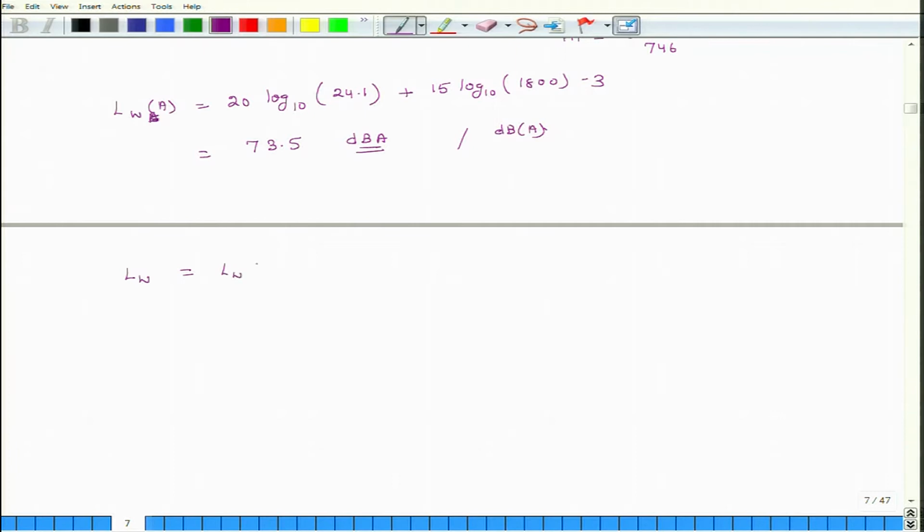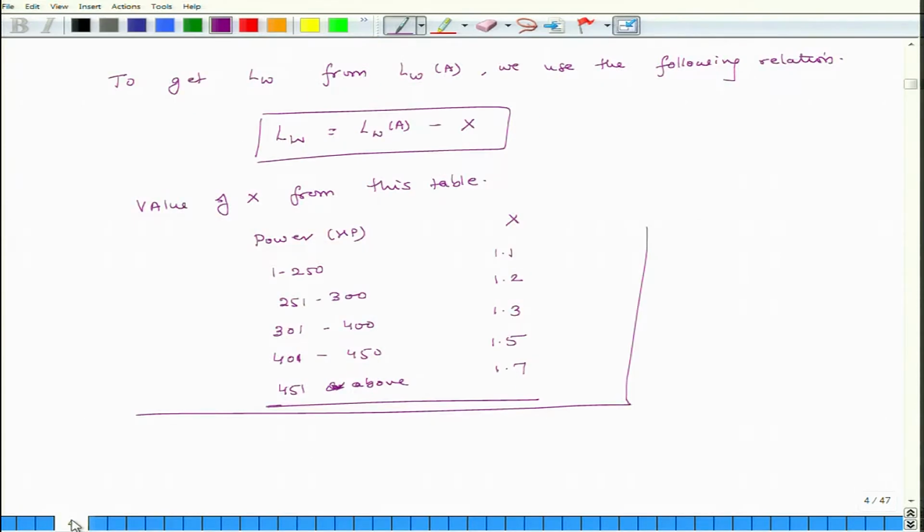Now LW equals LWA minus X, where X is that factor which we had discussed, and let us look at the value of that factor. The power of the motor is 24, so we are in the 1 to 250 range, and the value of X is 1.1.